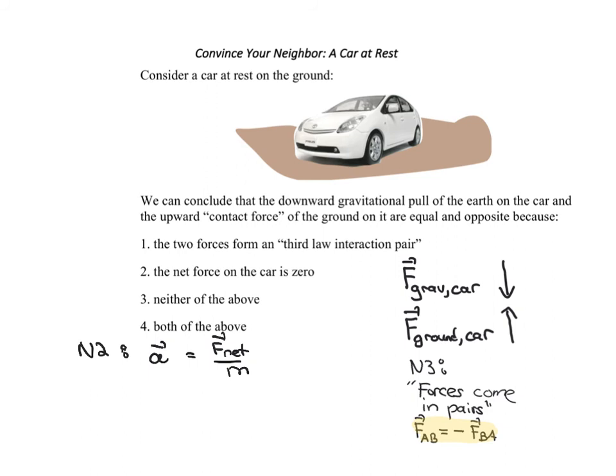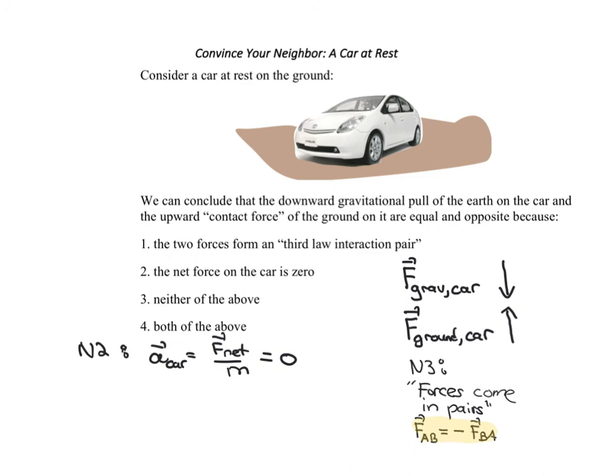And in this case, the object that we want to apply the second law to is my car. So the acceleration of my car depends on the net force acting on the car divided by the mass of the car. And because my car is at rest in this problem, we know that the acceleration of the car is zero. And therefore, by virtue of the second law, it must follow that the net force that acts on the object must be zero.